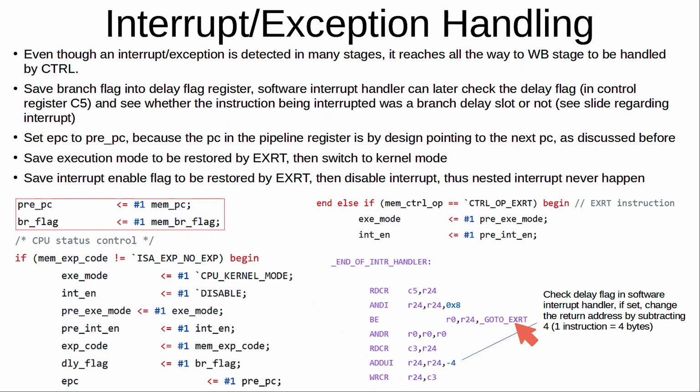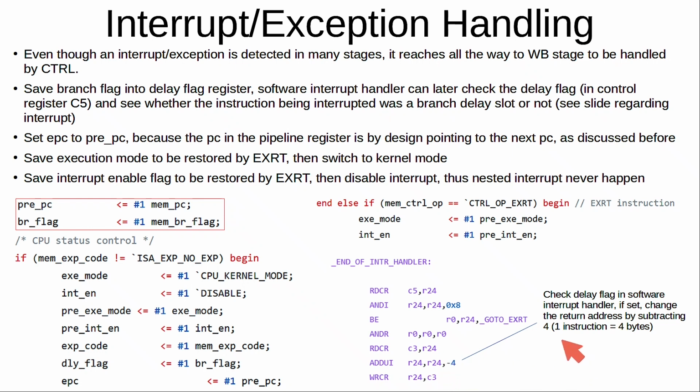However, if it was a branch delay slot, then we need to additionally load the control register C3, which contains the instruction address that was interrupted, and we need to subtract 4 from it.